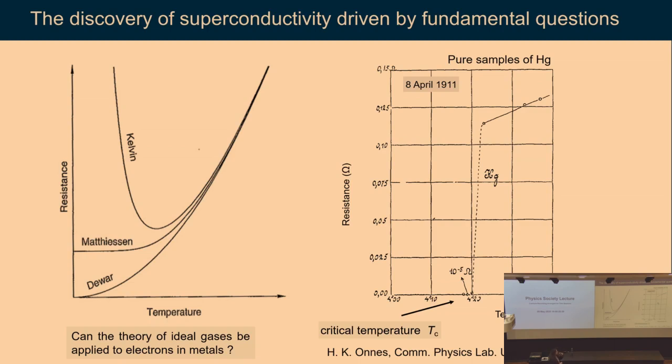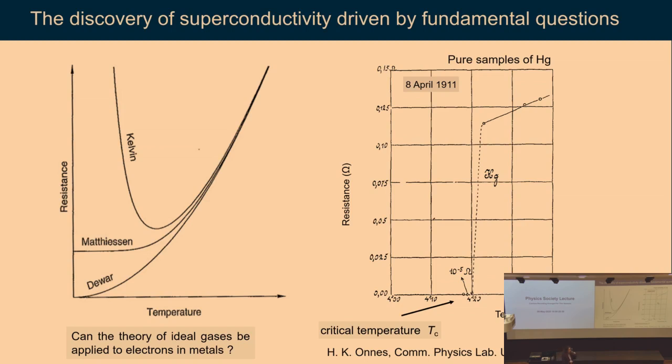And to address this, Onnes thought, okay, having all these ideas, I should get something very clean, a very clean material. He went to gather pure samples of mercury, and he went to measure resistivity versus temperature. And he found out on the 8th of April 1911 that the resistance of pure mercury actually dropped down to absolute zero.